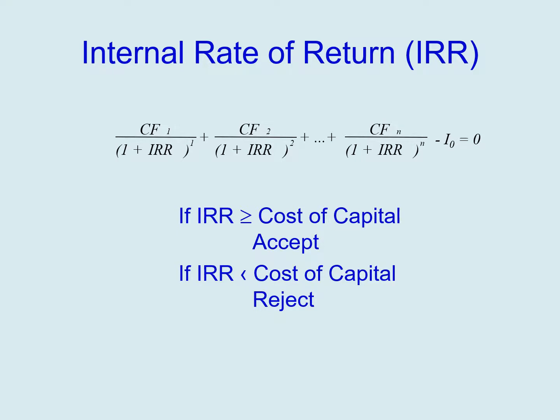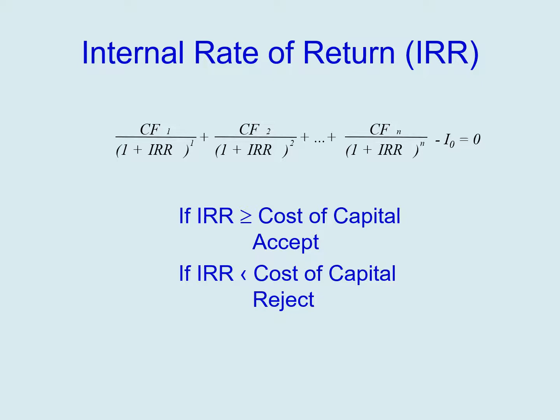The next capital budgeting technique we want to take a look at is the internal rate of return. I have the formula there for the internal rate of return, and if you were to look at the formula for the net present value, you would see that it's very similar, the difference being that the cash flows that you receive each year are actually being discounted by the internal rate of return rather than the firm's cost of capital.